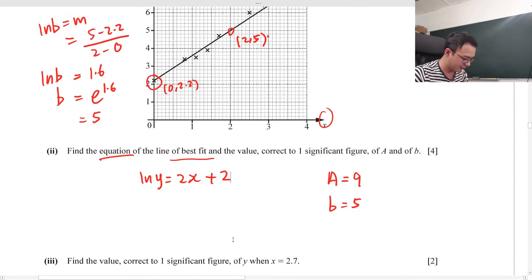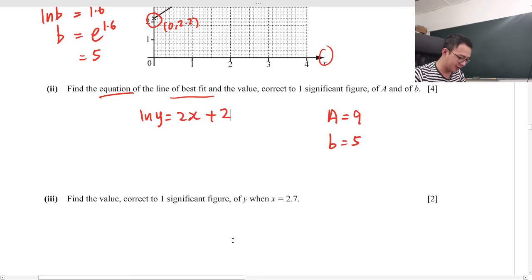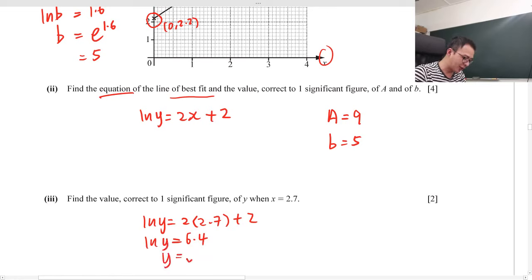Find the equation of the line of best fit. Alright, so then the next thing is they want to find y when x equals 2.7, so ln y equals 2.7 plus 2. So this is 5.4, you have 6.4 for ln y. So y equals e^6.4.